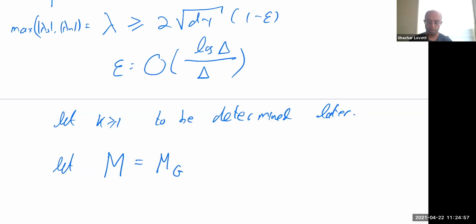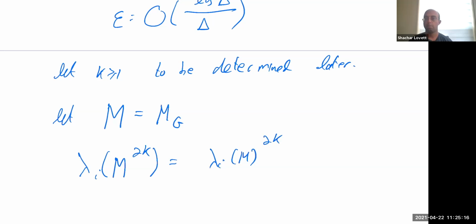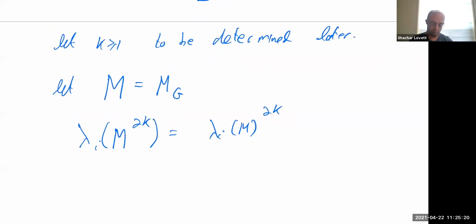What we're going to consider is the matrix M to the power 2K. And I'm going to ask myself, what are the eigenvalues of this matrix? Well, the ith eigenvalue of this matrix is just the ith eigenvalue of M to the power 2K, by basic linear algebra.